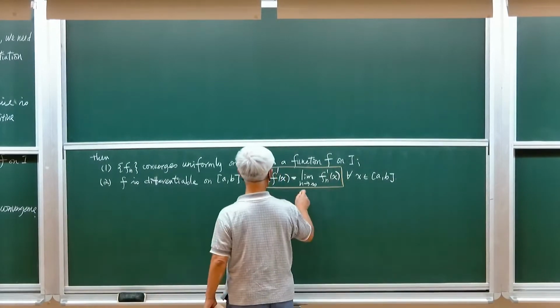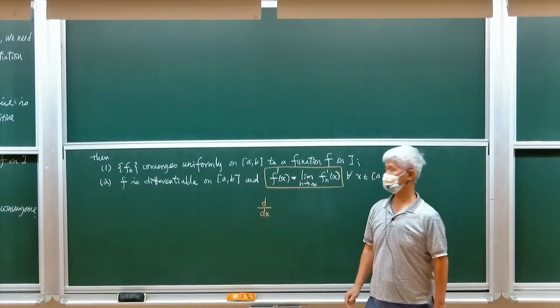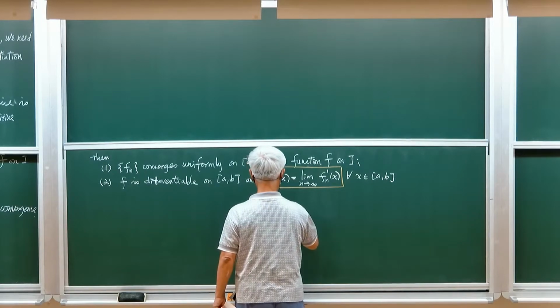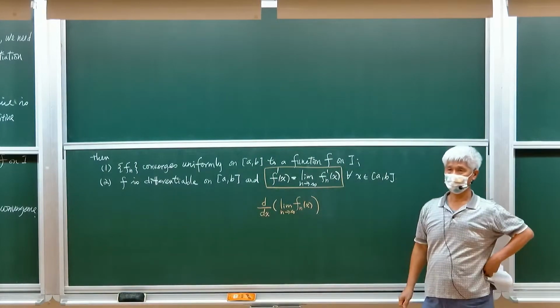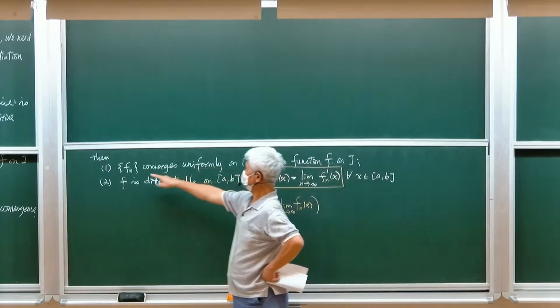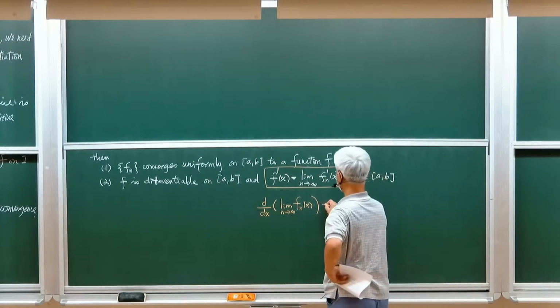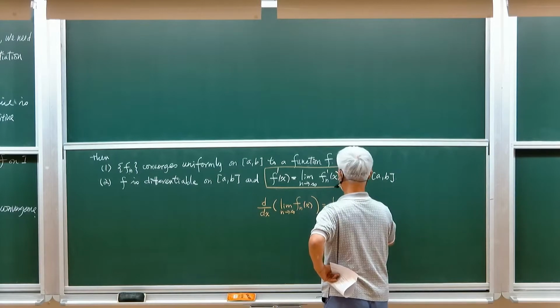This says that d/dx, the differentiation operation, of the limit as n goes to infinity of Fn of x, because f of x is the limit of this sequence of functions, is equal to the limit of the derivative.